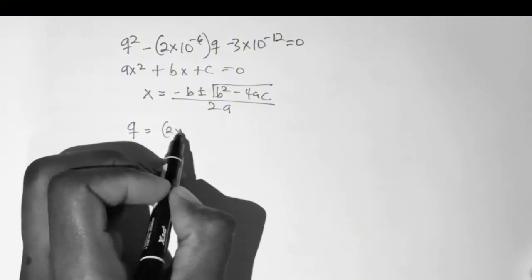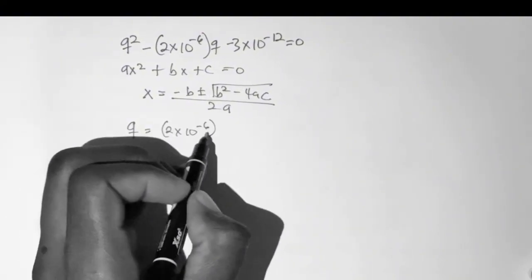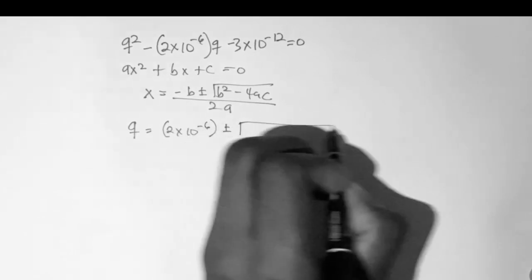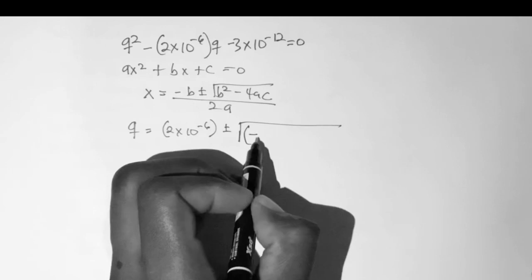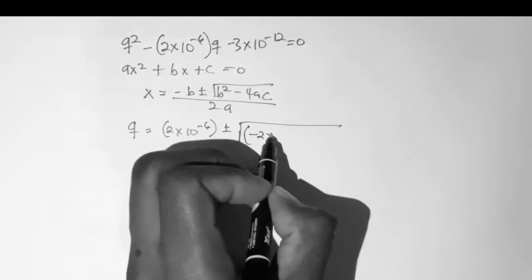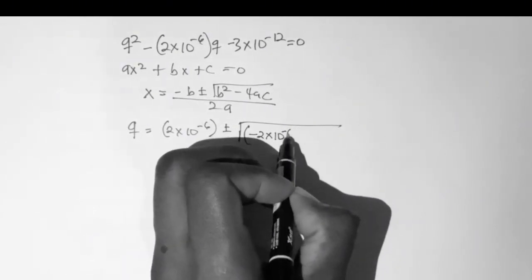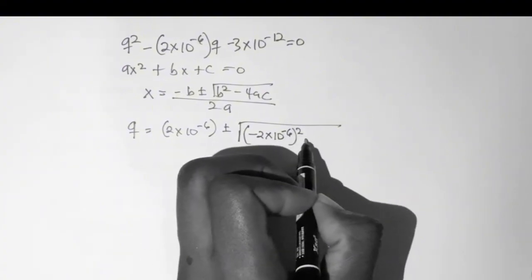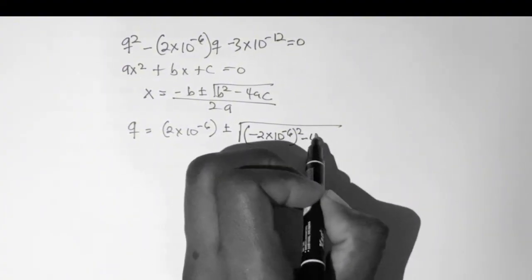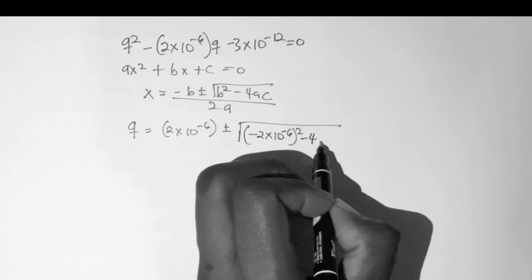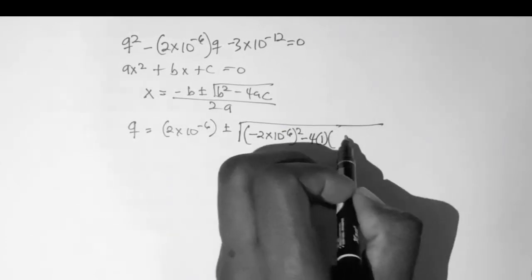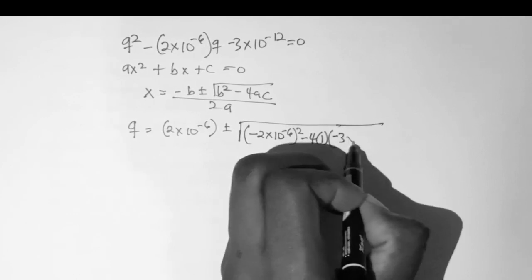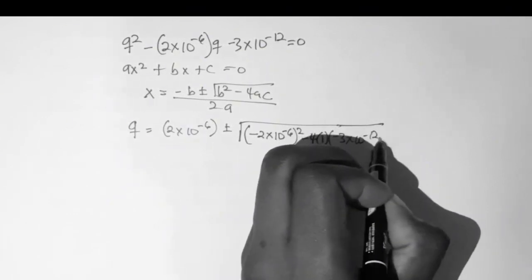So Q is equal to minus b, so minus minus, we make this plus. So we have 2 times 10 exponent minus 6 here, and plus or minus square root of b squared, which is minus 2 times 10 exponent minus 6 squared, then minus 4 times a is 1, then times c is minus 3 times 10 exponent minus 12.